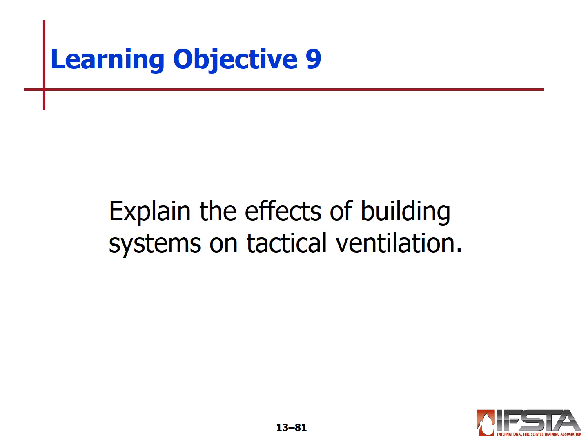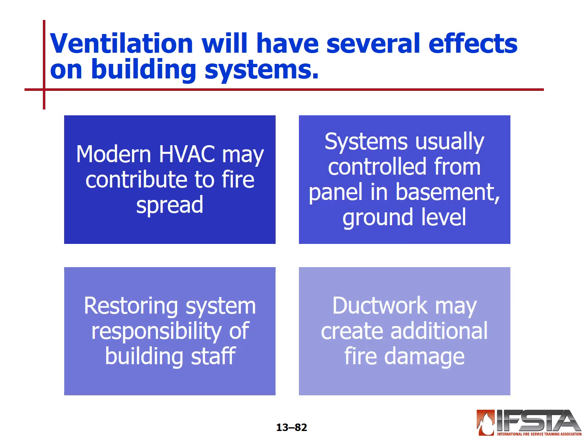So we'll talk a little bit real quick about the effects of the building system on the tactical system. Modern HVAC systems are going to contribute to fire spread because of just the way that they're built and running. They're big, they push a lot more air, and the tubes are a little bit bigger. There's usually a panel in the basement, somewhere on the ground level, that's going to control that system.